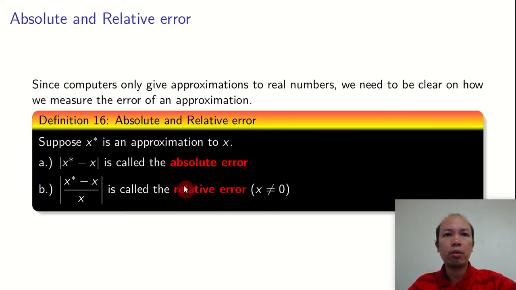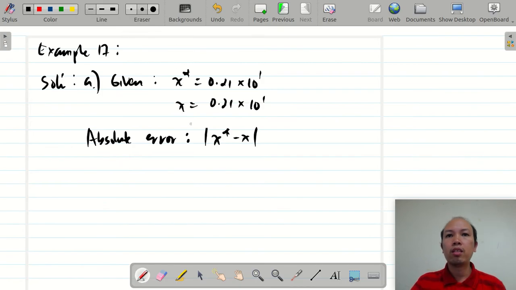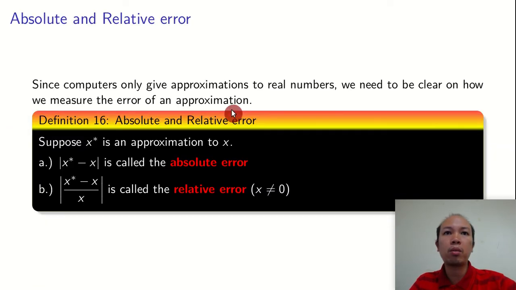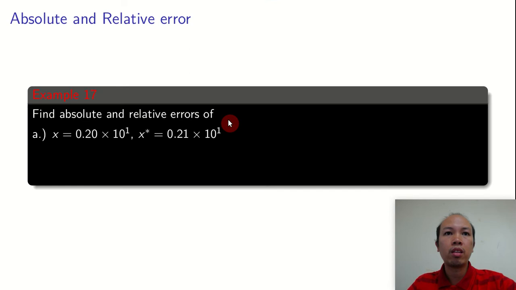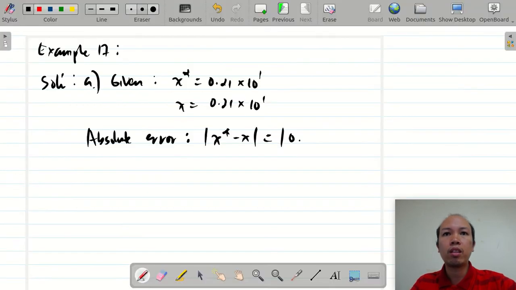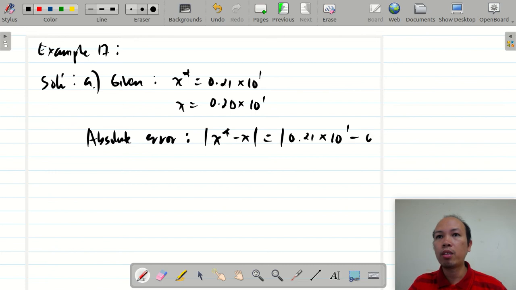Okay, so our formula is correct. x asterisk is 0.21, and our x is 0.20, right? So 0.21 times 10 to the 1 minus 0.20 times 10 to the 1.